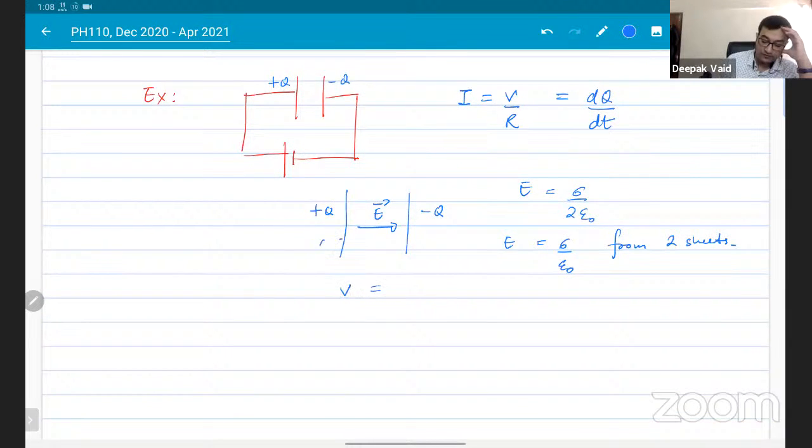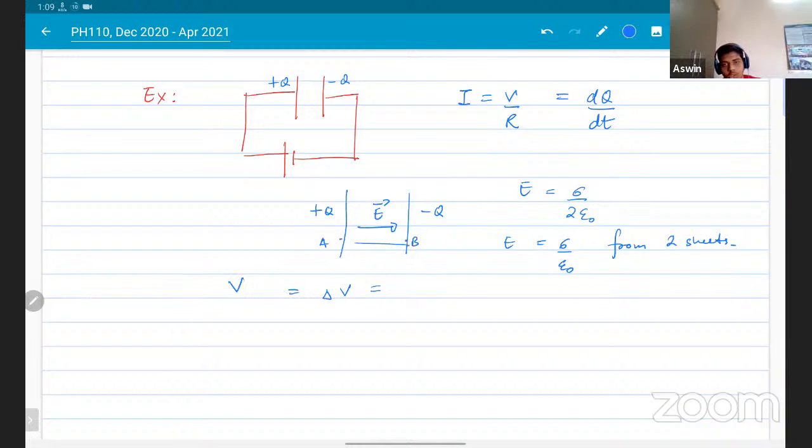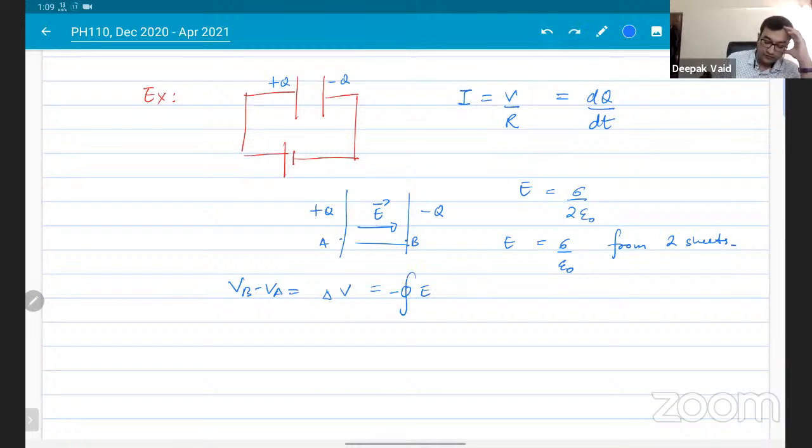So what is the potential difference between point A and point B? It is the integral of E dot dl from point A to point B, which is just equal to sigma by epsilon naught times whatever this width is, L. And what is sigma?